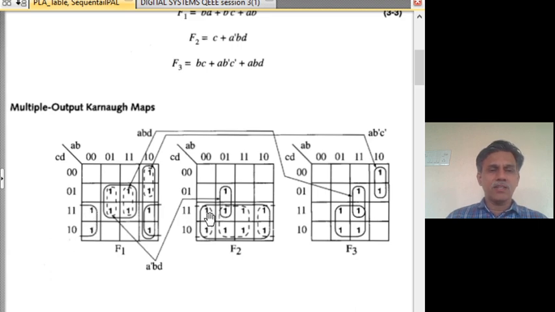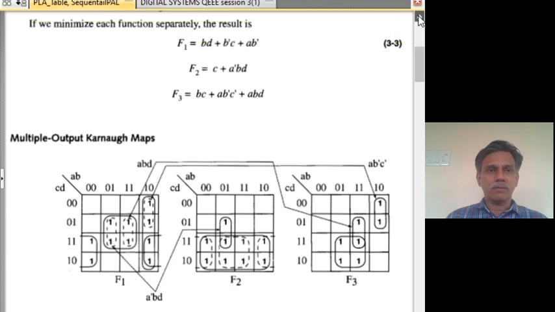Similarly, coming here, there is an 8 square and a 2 square. Here we will have a 4 square and 2 squares. This is how we would have realized it, and that is how the above expression has been obtained.